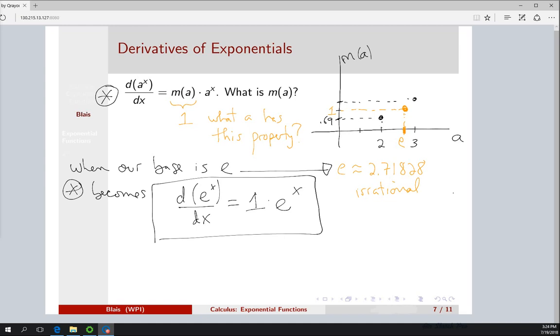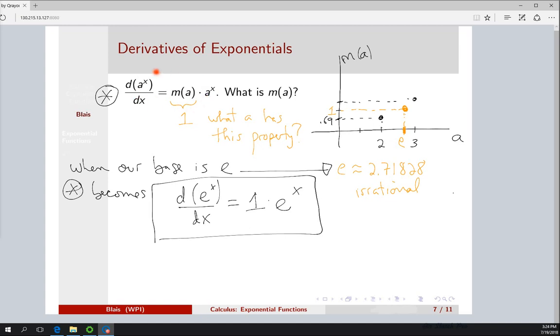And this is a very important function. We name it the natural exponential function. It's the only exponential function whose derivative is itself. And in fact, that's going to be true. Aside from multiplying by a constant, it's the only non-trivial function whose derivative is itself. When I say non-trivial, think like the function f of x equals 0 has derivative that is itself.